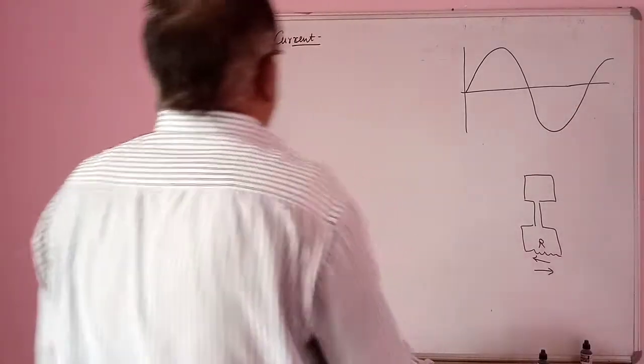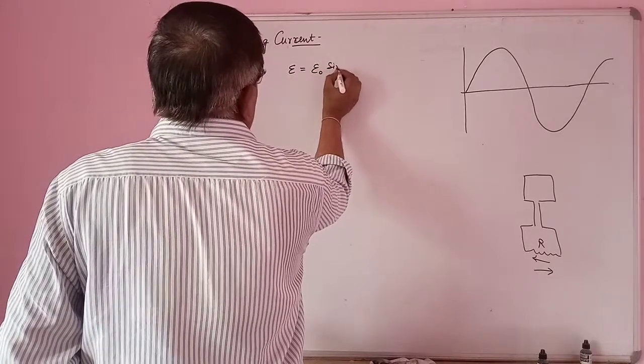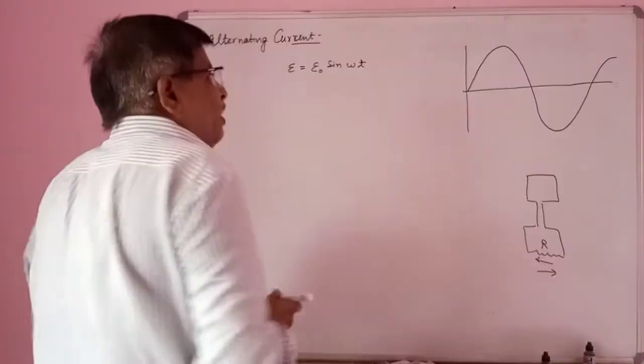So the value of EMF is E naught sine omega t.